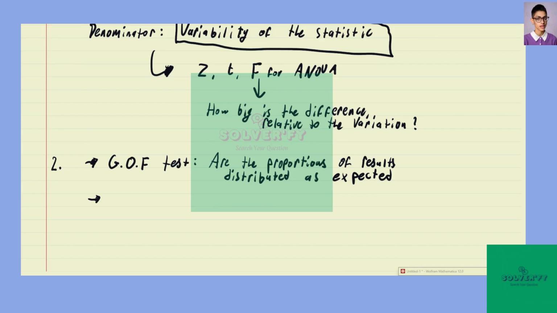The test for independence is essentially testing, are the two factors related?